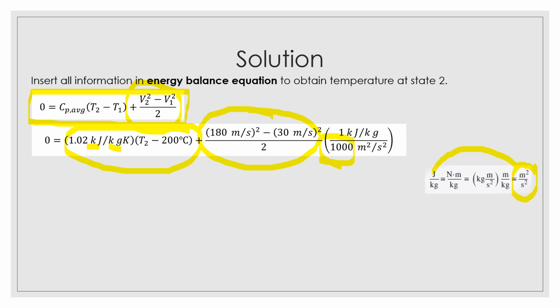So to convert the joule per kilogram, we need to divide by 1000 to become kilojoule per kilogram. Okay, it's just the 1000 refers to the conversion from the joule to the kilojoule for the kinetic energy. And then finally we obtain more or less 184.6 degrees Celsius.